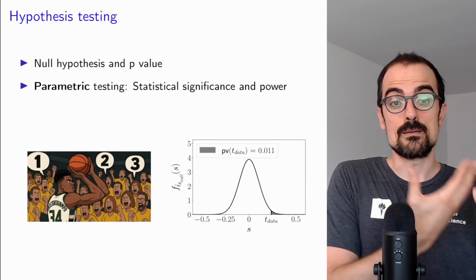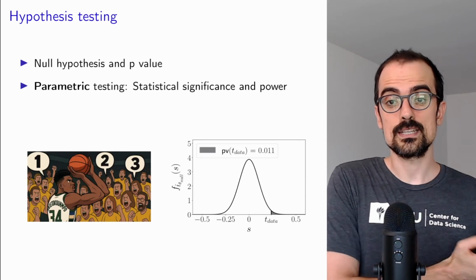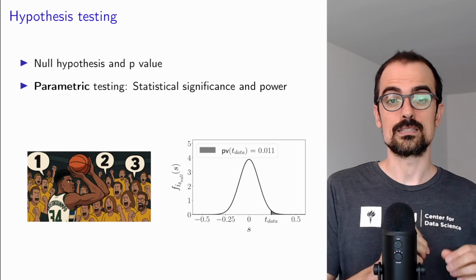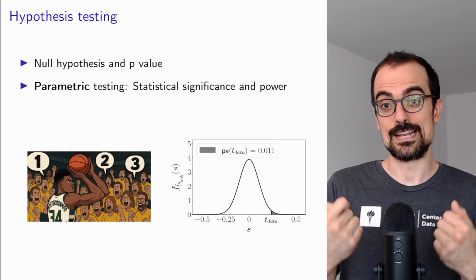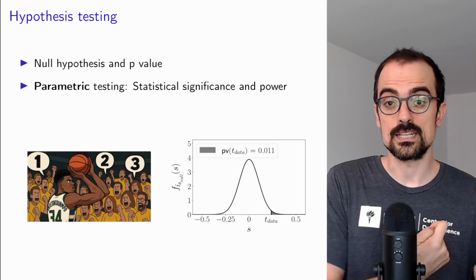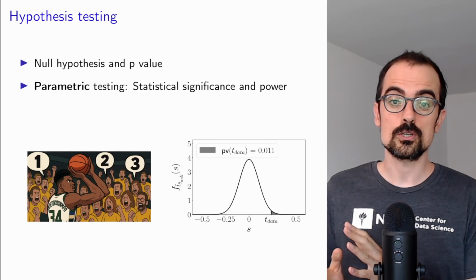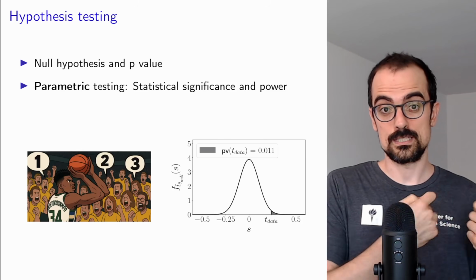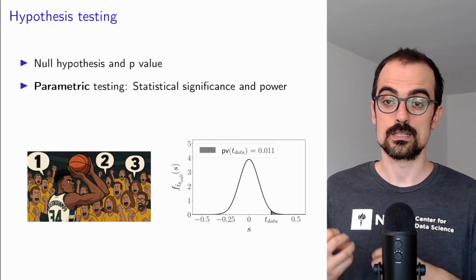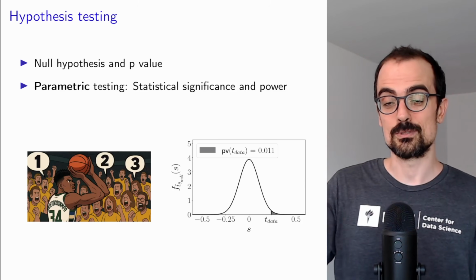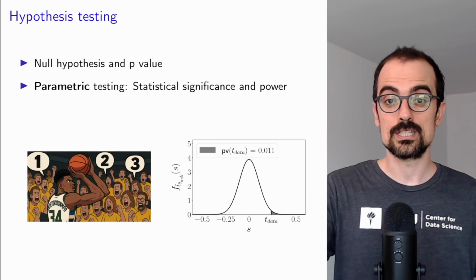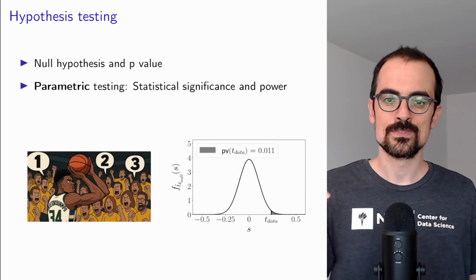We can apply parametric testing to perform hypothesis testing. We can use this to show that controlling the p-value ensures us a statistical significance in the sense that it controls the false positives. This parametric framework also enables us to determine to what extent a test enables us to find true positives, and that's the power of the test.